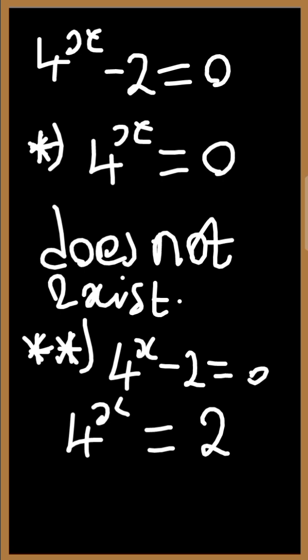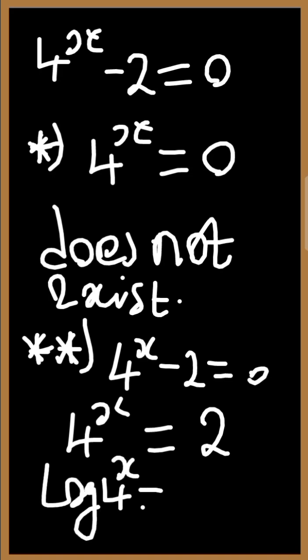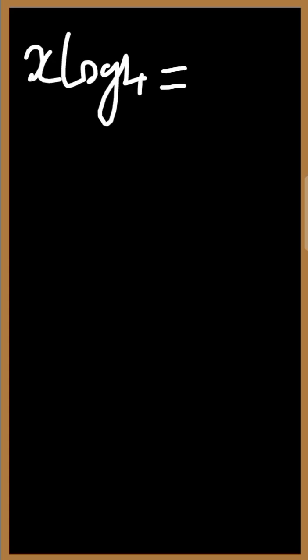The next step, we are going to take log to the base 10 at the left hand side, and at the right hand side, log 4 raised to the power x is equal to log 2. Applying the law of power, log 4 raised to the power x gives us x log 4 is equal to log 2.